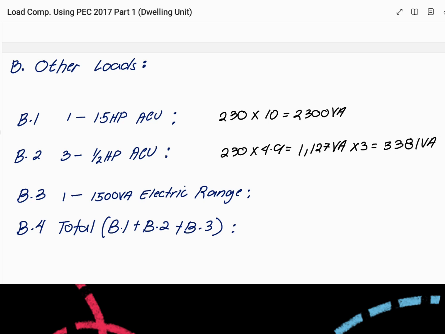And for our electric range, we have 1,500 VA. Then sum up the total load, we will get 7,181 VA. So that is the total load for our heavy loads and other loads of the circuit.